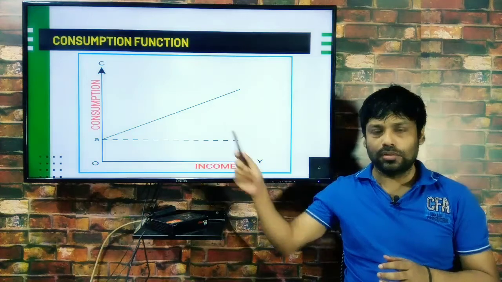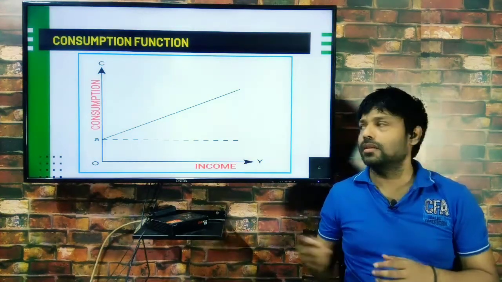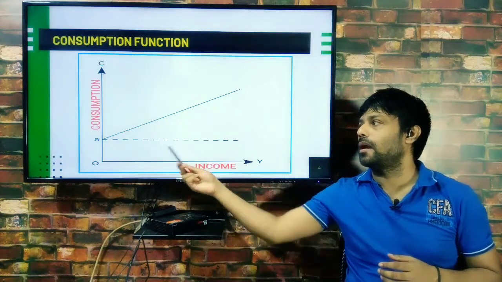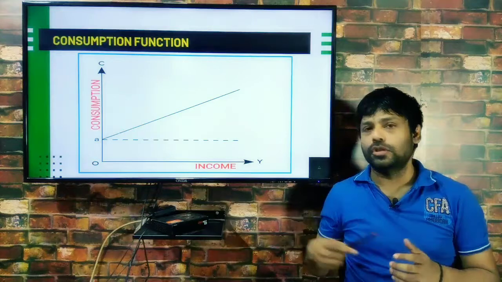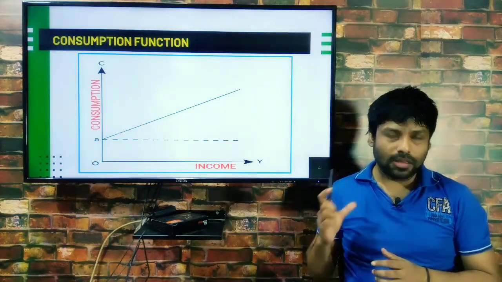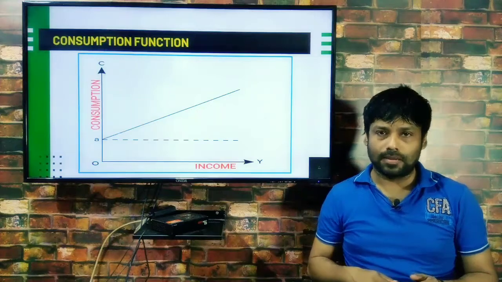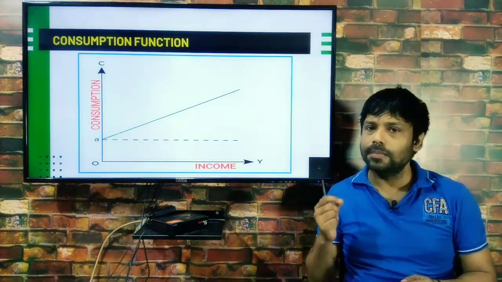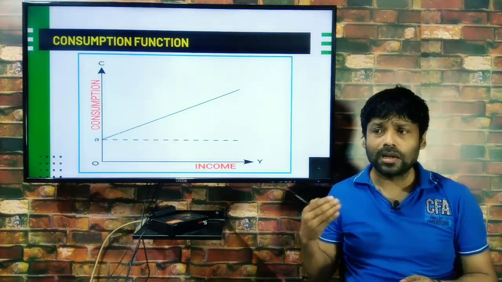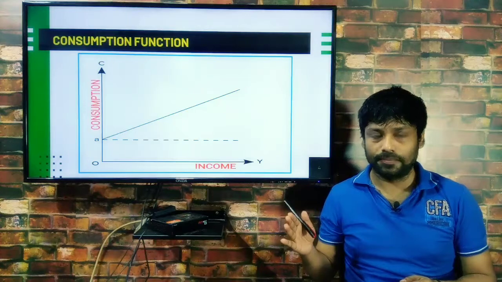This diagram shows the consumption function. You can see here two lines. One is parallel to x-axis and another one is upward sloping. The line parallel to x-axis is the autonomous consumption line because it is income inelastic. Whatever be the level of income, the consumption does not change.